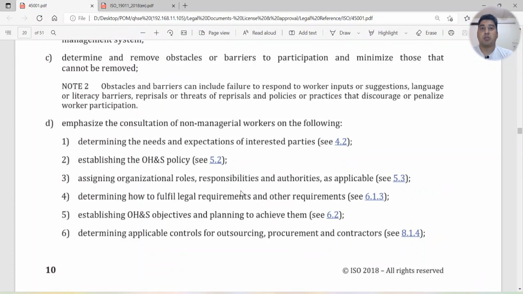Assigning organizational roles, responsibilities, and authorities as applicable, see 5.3. In 5.3 we discussed organizational roles and responsibilities. Whenever you are making any JD, job description, for a particular department or position, you have to consider the workers also, their level of knowledge, education, and experience, and consult with them whether they are able to do those roles and responsibilities or not.